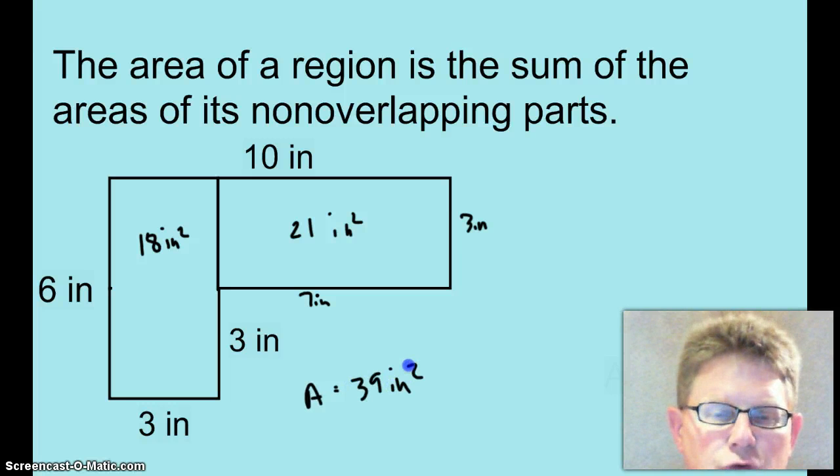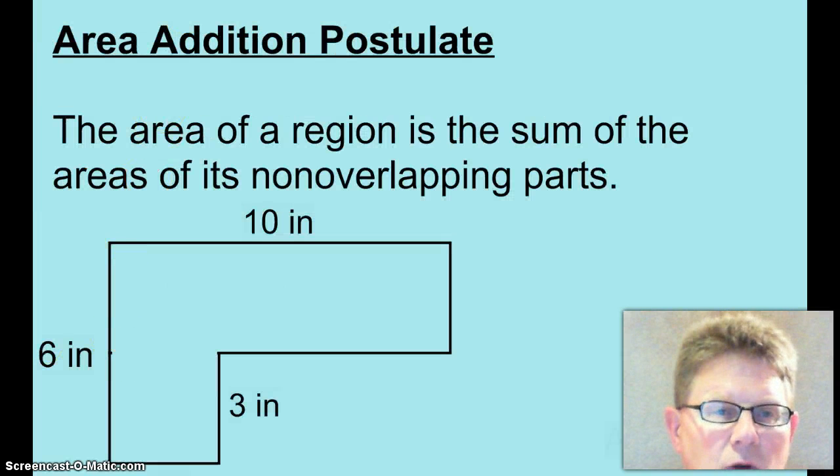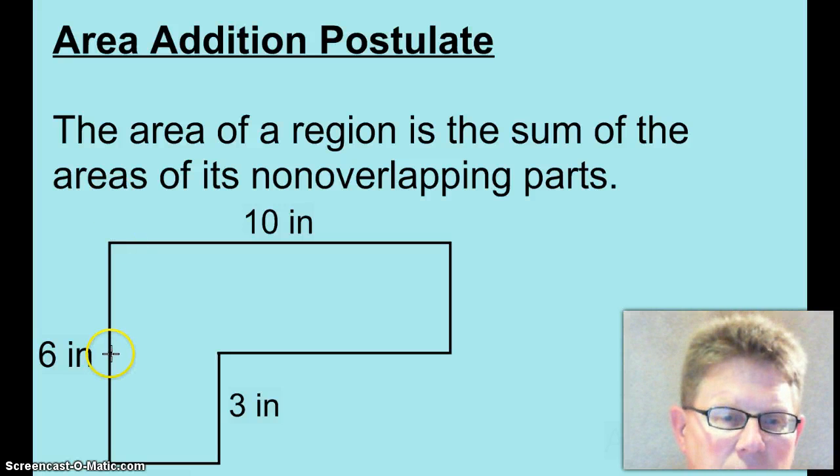Add the two together. Now if we would have chunked it up the other way, sorry, it didn't want to draw that line that I had there before when I backed that up.